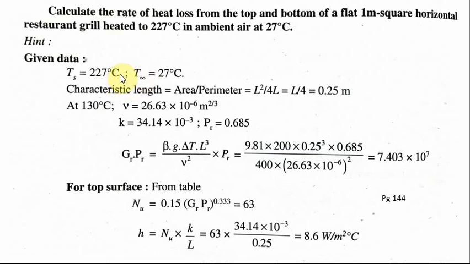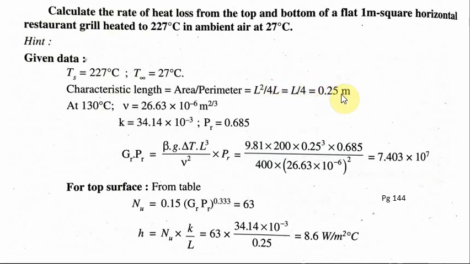When we need to calculate the heat transfer from a horizontal plate, you have to take care of the characteristic length. Here the characteristic length is area by perimeter, which is equal to L square by perimeter. One side length is L, and for a square plate the perimeter is 4 into L, so it will be L by 4, which is 0.25.